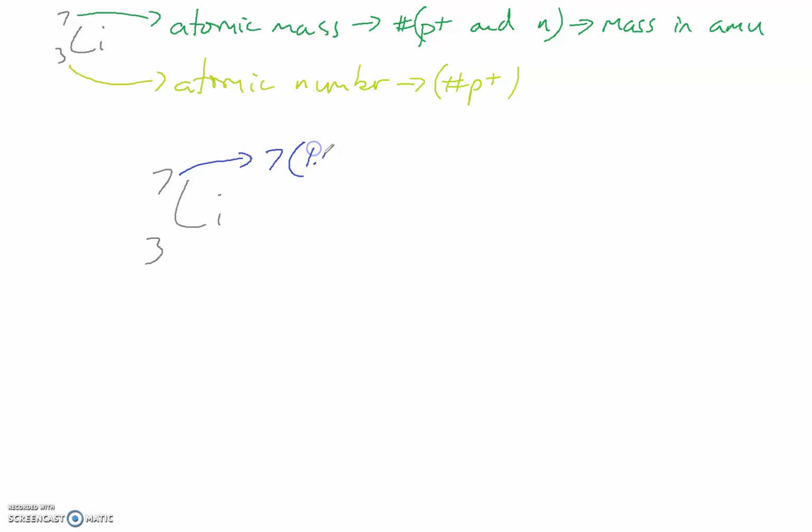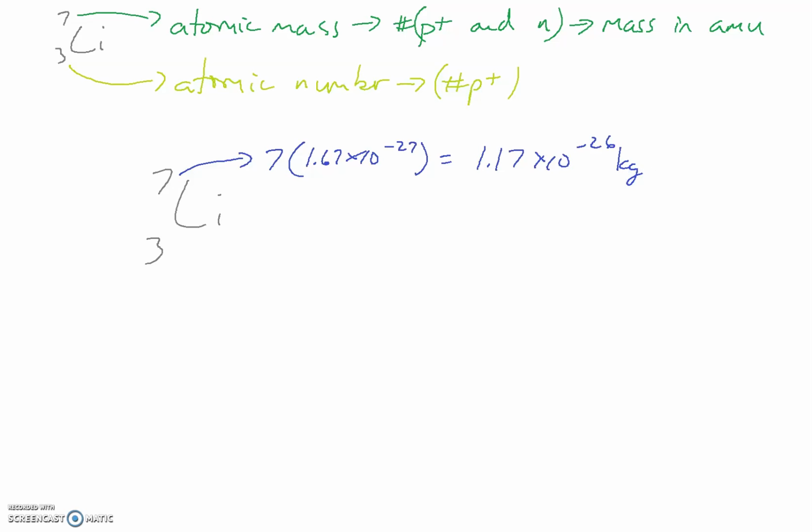So give or take, it's around 1.67 times 10 to the negative 27 kilograms for each one. If we multiply that out, we get the entire mass of the nucleus. This is a really common calculation. It happens all the time for finding the masses of nuclei. So if we do that, we get approximately 1.17 times 10 to the negative 26 kilograms.